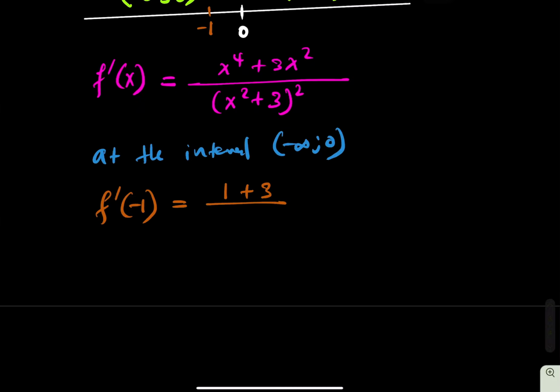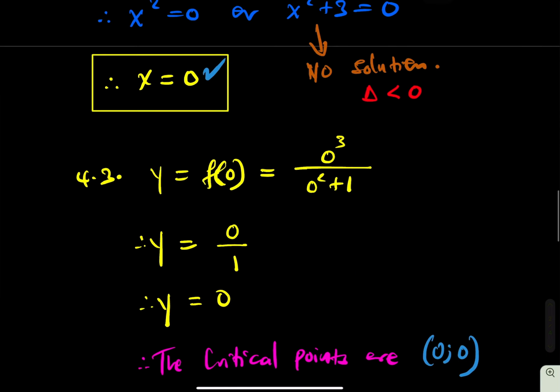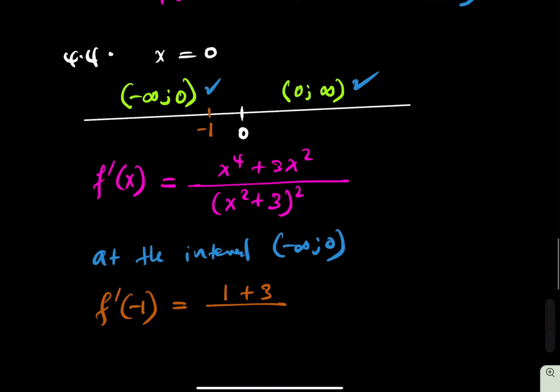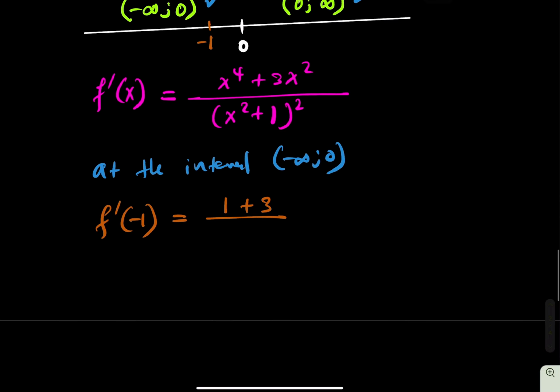Wait a bit, let's check that. Oh, that should be 1 for this particular situation, as per your derivative there. I wrote 3 instead of 1. I don't know why, but I hope you forgive me for that.